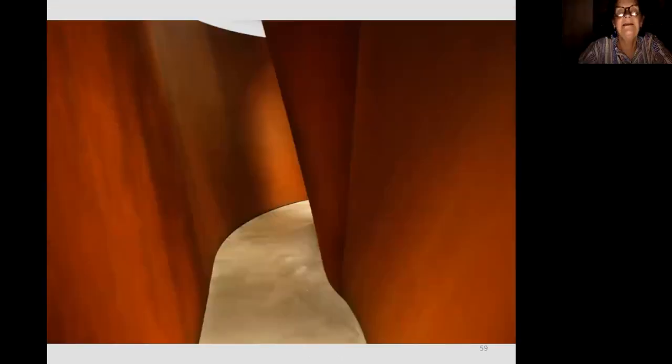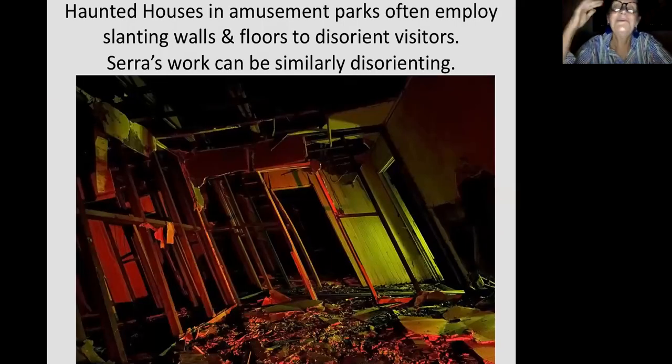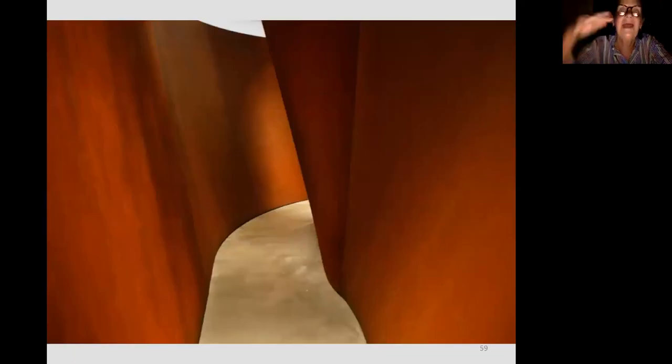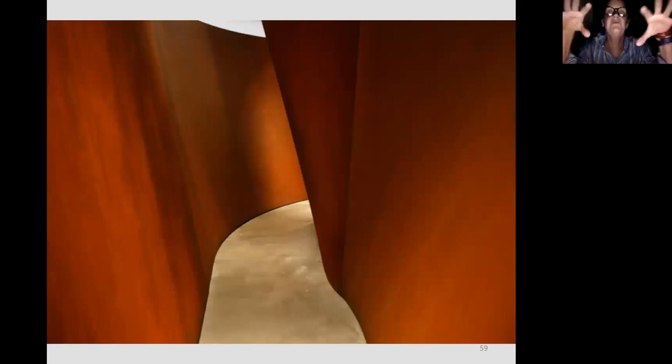The only thing I could relate this to you guys is when you go to a haunted house in an amusement park, they often use slanting walls and floors to disorient you. I think you can have a similar reaction to standing inside a Serra piece. I don't know if you can tell from this, but this is two different pieces of metal. When I say pieces, that trivializes them.